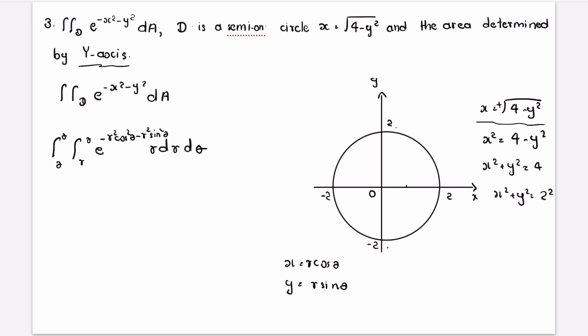Okay, let's determine the range. So r is between 0 and 2, right? So that is r. r is between 0 and 2. So what about theta? We can know that we need to only find this part. To find this, theta is between 0 and 90 degrees, right? So theta is 0 to pi by 2.